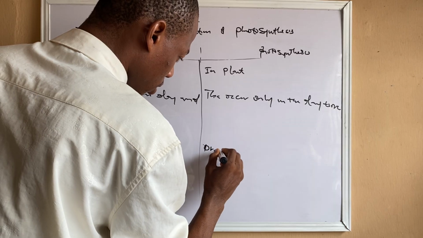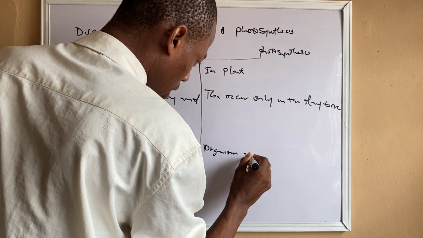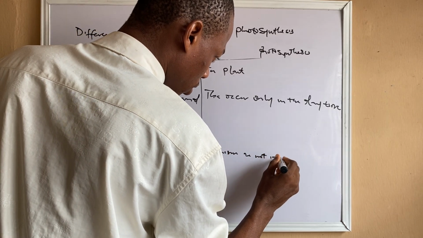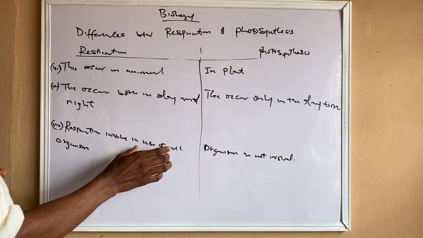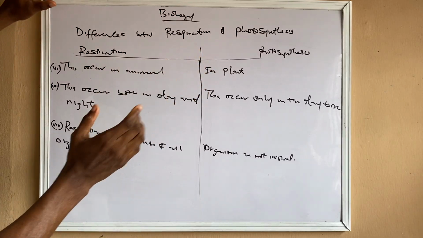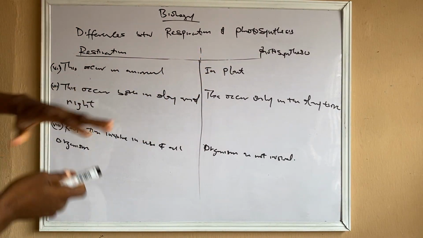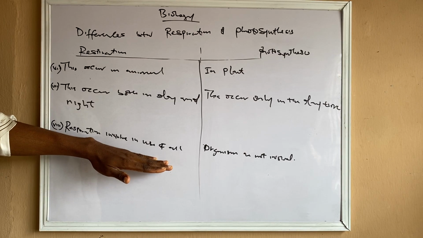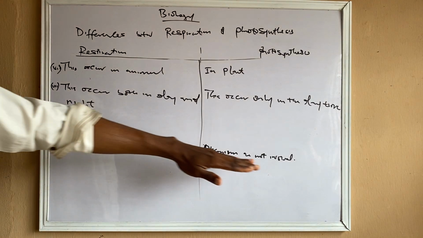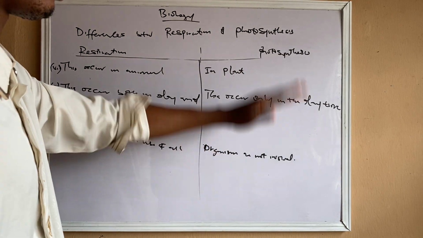Organisms are not involved. This is the last one. Respiration: organisms are involved, like plants, like animals, but not any ordinary animal. Other organisms are also involved. But the organisms are not involved in the air, in the photosynthesis.